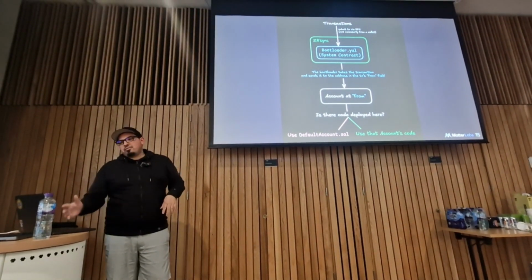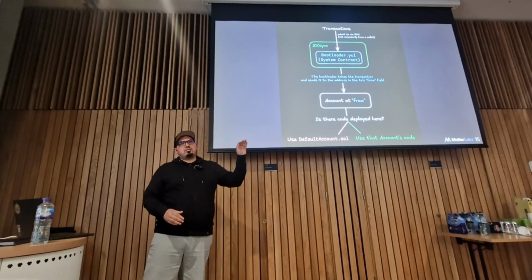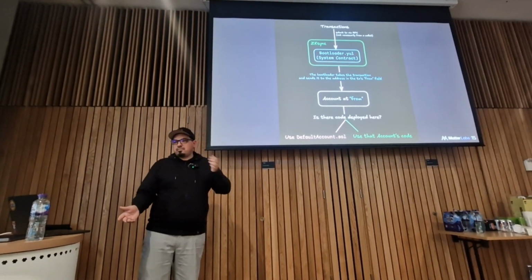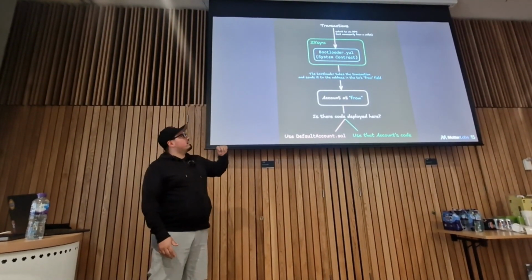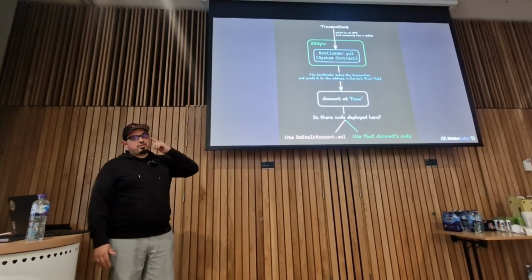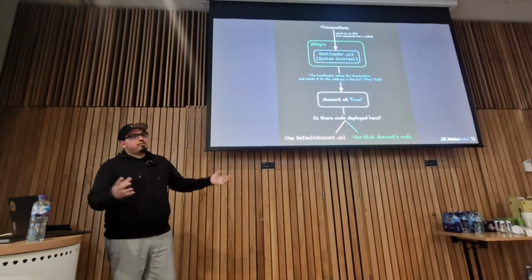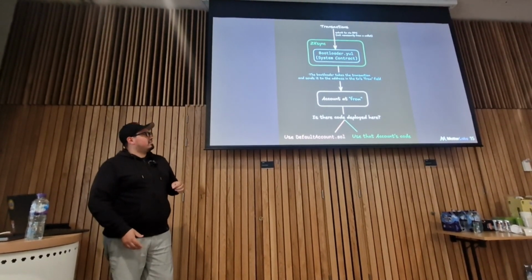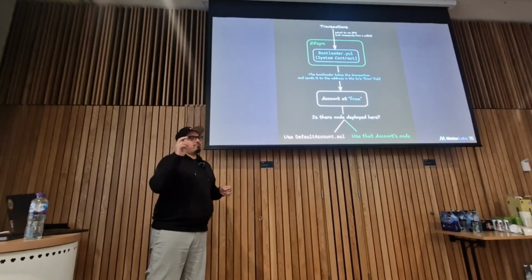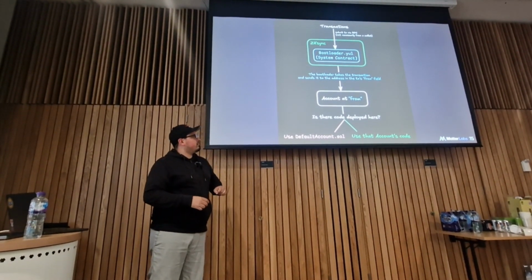The way that it works is a transaction will come into ZKsync, and it doesn't have to come directly from a wallet. Whenever it hits ZKsync, we have our system contracts. The main one is our bootloader, written in Yul. The bootloader will look at this incoming transaction, and what it's going to do is send it to the address in the from field of the transaction.